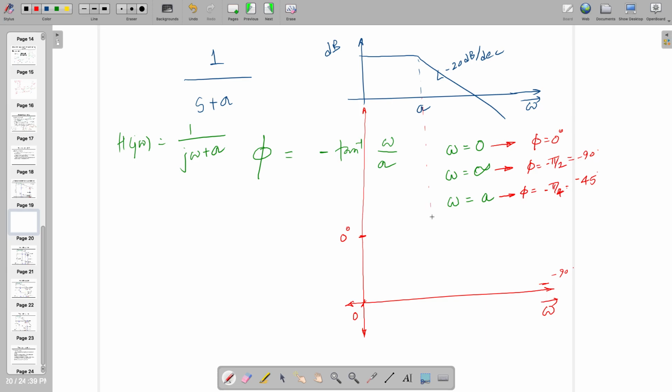At omega equal to a, it's minus 45 degrees. And when you draw it, it will look like this. Are you following this? Is it too fast for you, or do you understand, right? So can you tell me, if this is the transfer function, how will this phase plot look?